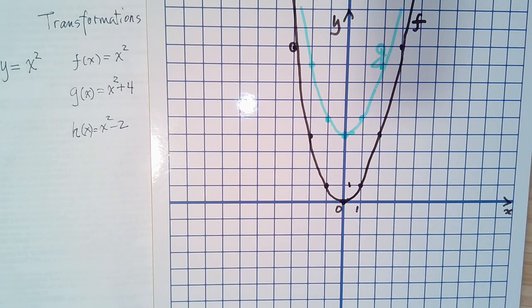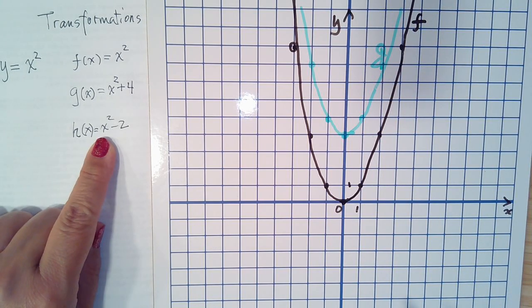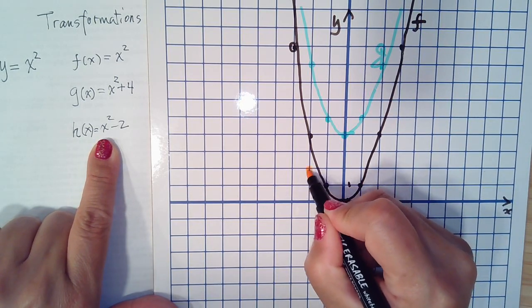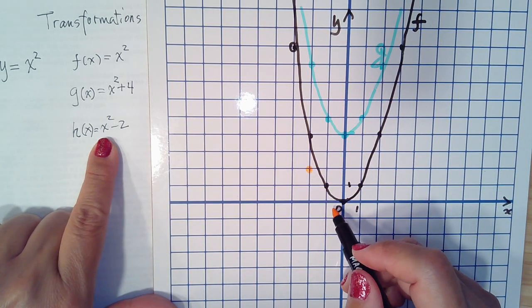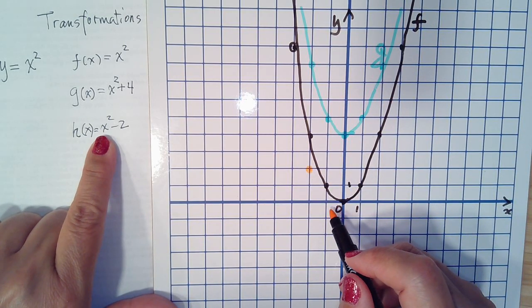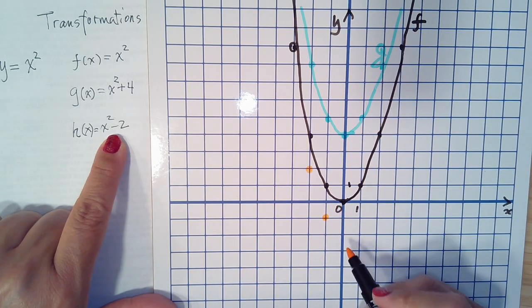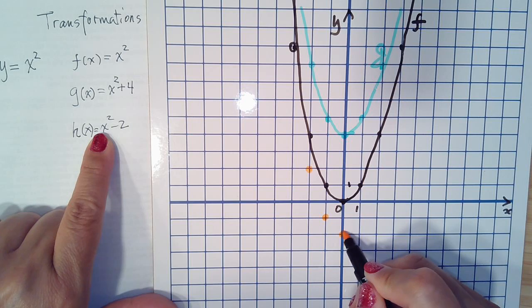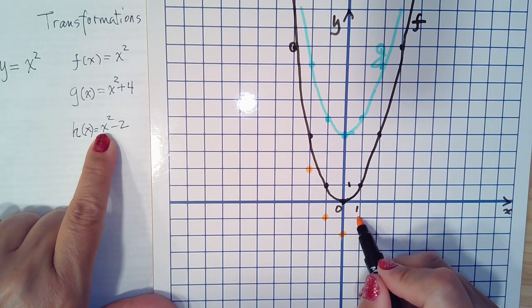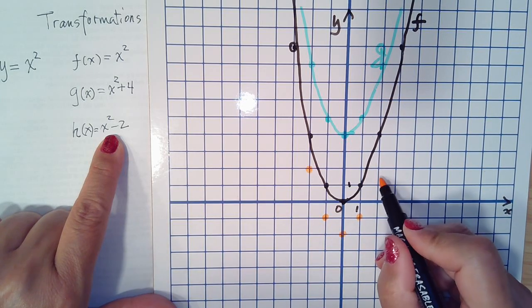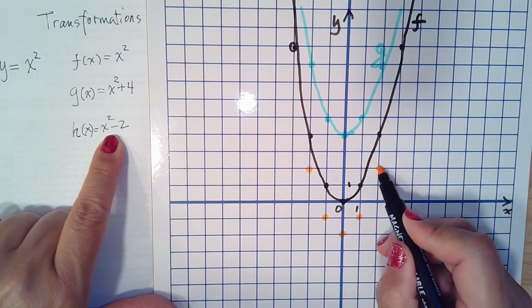So when I'm putting x equals -2, I get a -2 squared. It's a 4 minus 2. So that should be here. Okay, -2, +2. And then when x equals -1, -1 squared is +1, minus 2 is -1, so I get this point. And when x equals 0, I get a -2. When x equals 1, I get a -1. When x equals 2, I get a +2.